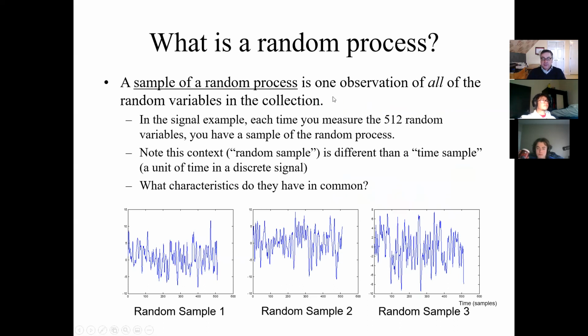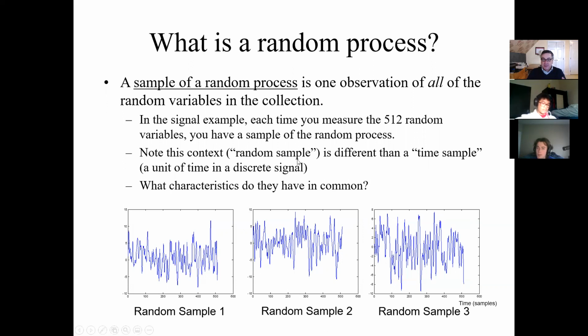And if we use some of the language from random variables, a random sample of a random process is one time observing all of the random variables in the collection or set. So in the signal example, each time you measure those 512 random variables that evolve in time, you have a random sample of the random process, right? I'm trying to use the language random sample differently than time sample, which is a unit of time.